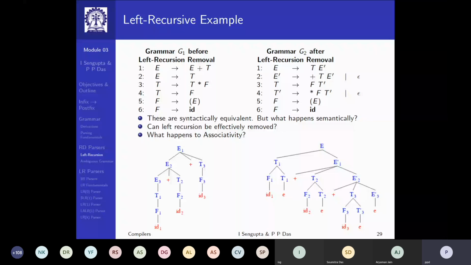And in semantic terms, that may not be something that I want to do, or that may be allowed, in terms of the translation that I do from this grammar, because I finally am interested in the translation. So that is the syntax-semantic issue of left recursion.